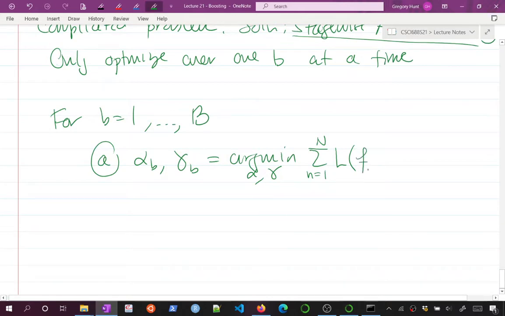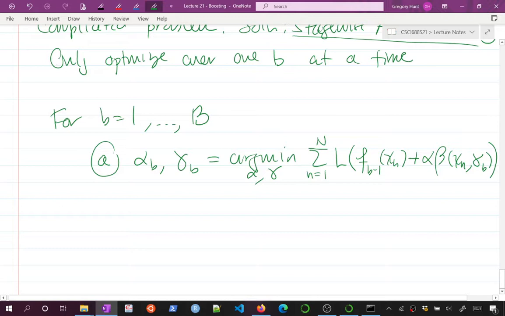It's a little bit cumbersome to write. Let me just write it out, and then I'll explain the notation. We're going to start with some initial model, and then at iteration b, we take the previous model. We start off with none, and the first step is we just find the first best approximation.